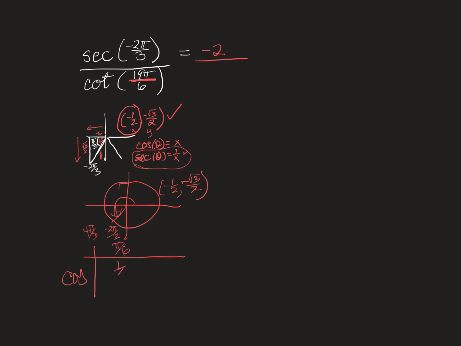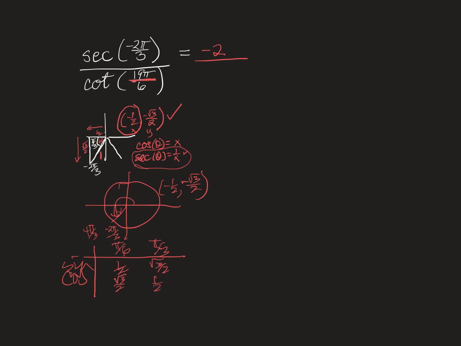It's 1/2 for sine, and it's square root of 3 over 2. That's pi over 6. Sorry, I need to do the pi over 3. I apologize. For sine, it's square root of 3 over 2. And for cosine, it's 1/2.